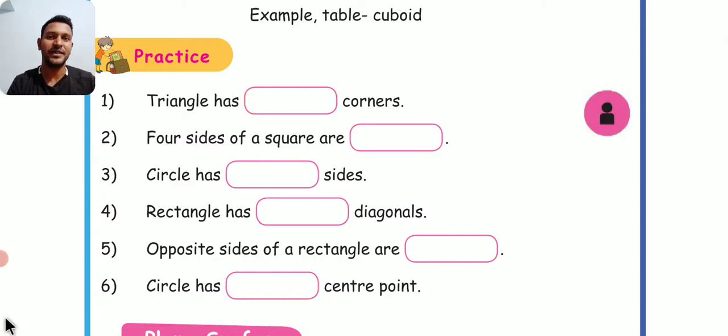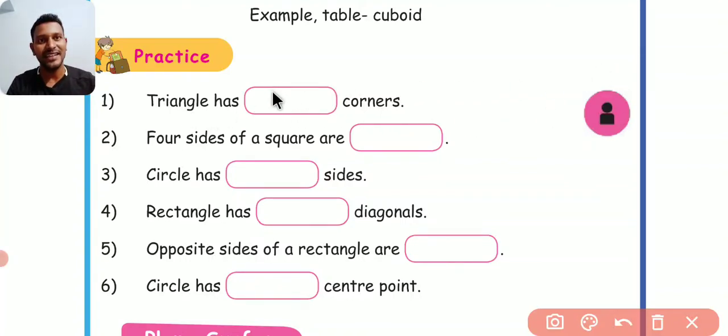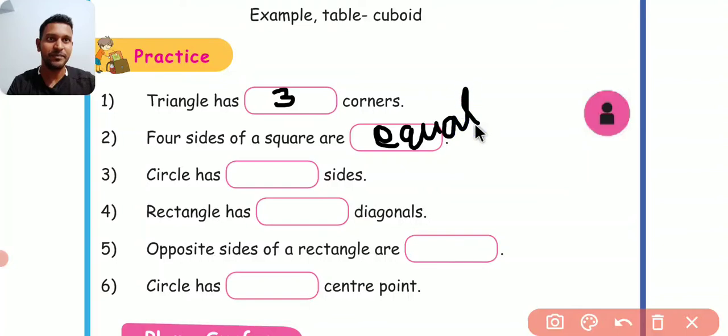First one, a triangle has dash corners. A triangle has how many corners? Yes, 3 corners. Are the 4 sides of a square equal or not? Yes, equal. A circle has how many sides?